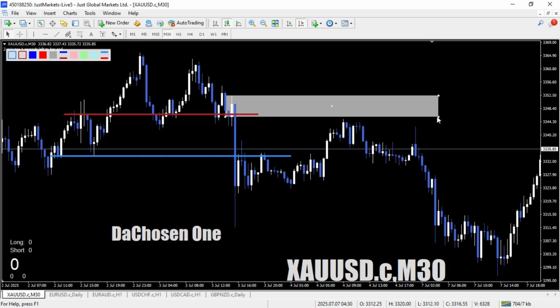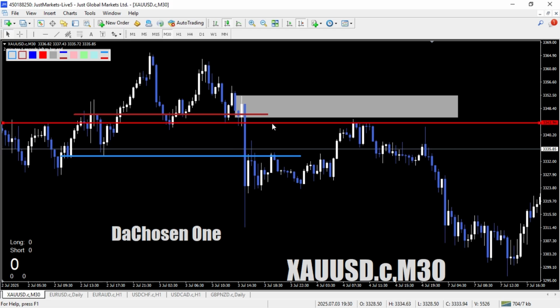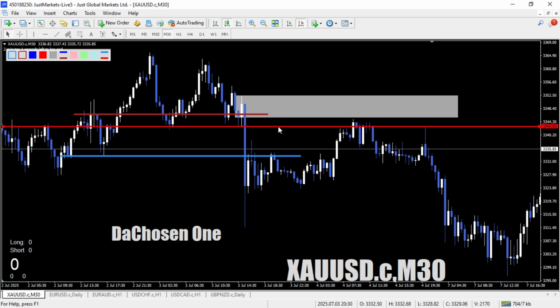That's why it's usually best, when your level is like this, to place your orders here. Always place your orders with the shadow or wick.